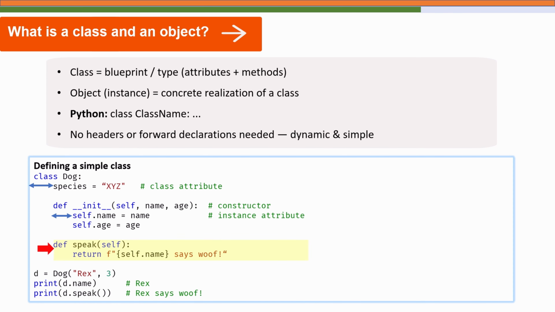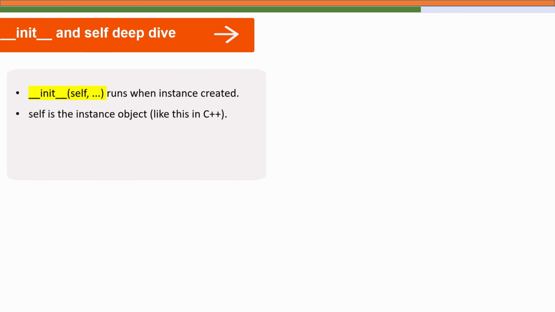When we create an object of the Dog class, like d = Dog('rex', 3), the initializer, or __init__ method, stores the name and age on that instance. Calling d.speak() runs an instance method that accesses self.name. So that method starting and ending with double underscores is basically an initializer.